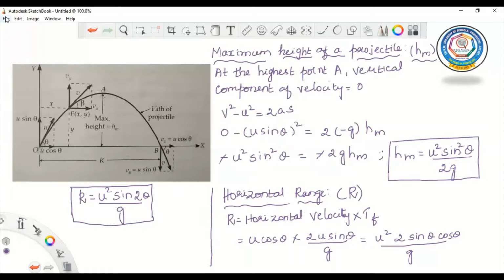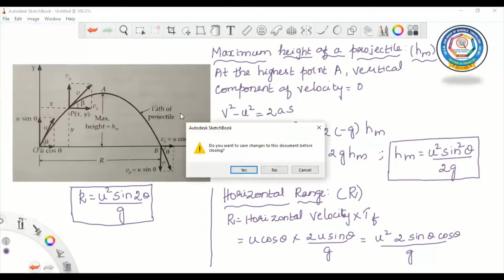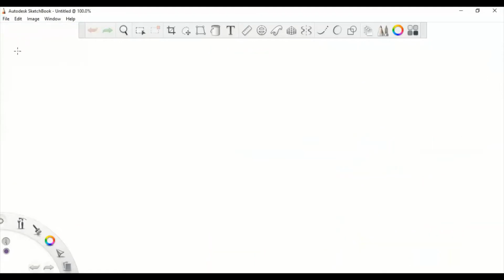It is very simple to calculate this condition. So, condition for the maximum horizontal range.